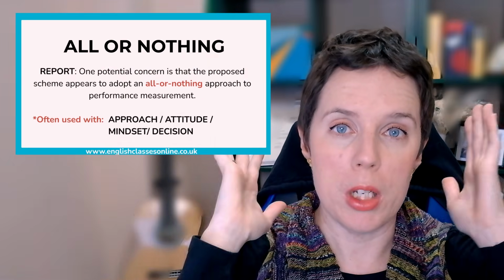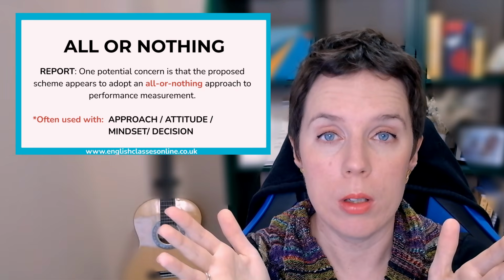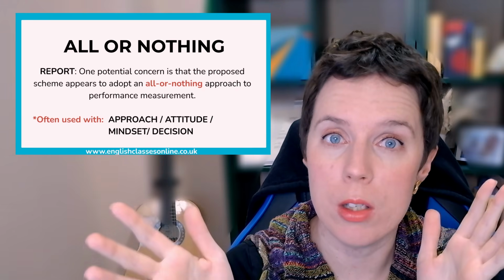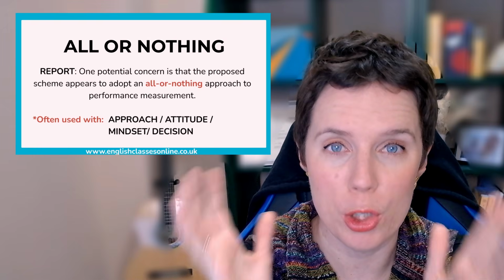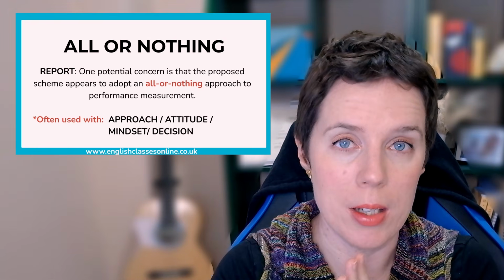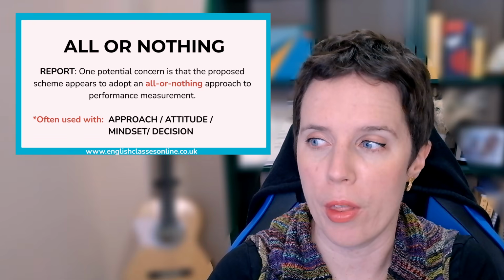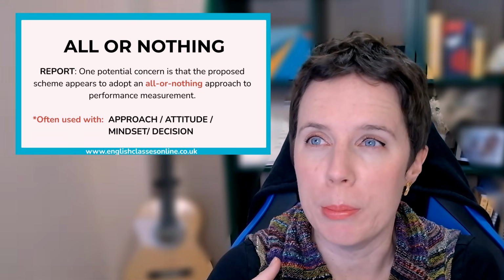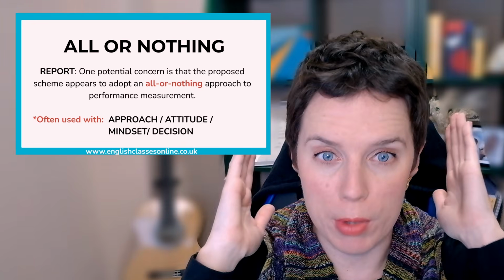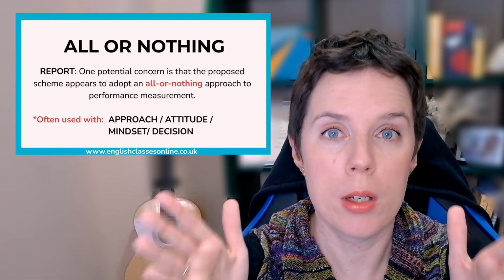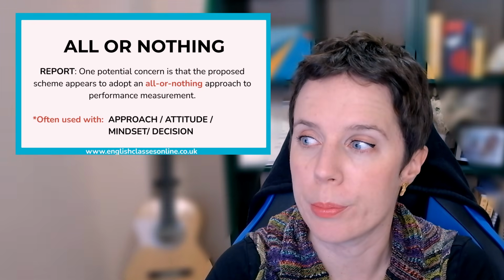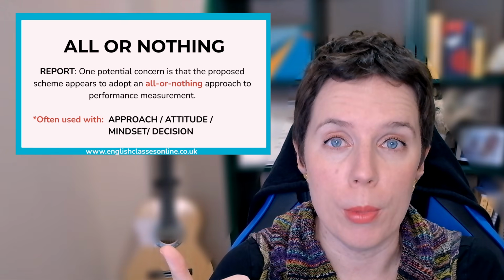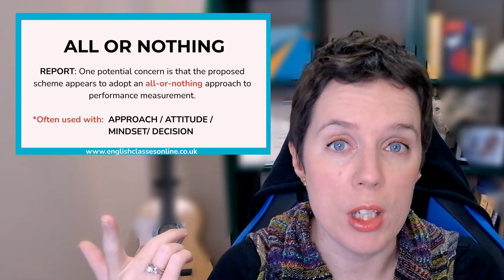It's like a very extreme approach. It's very black and white, you could also say. All or nothing, very extreme, very one-sided. So an all or nothing approach, it's like there's no wiggle room, there's no grey area, it's just very strict, very extreme. All right, so we can use that in writing. You can also use it in speaking if you want.